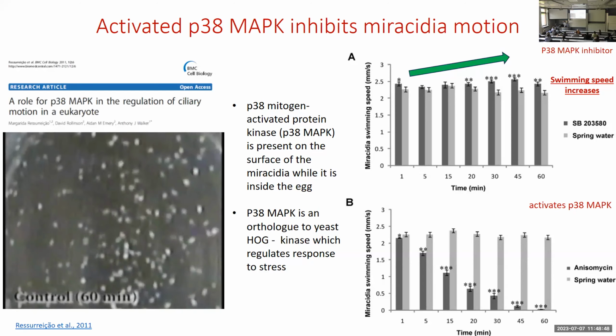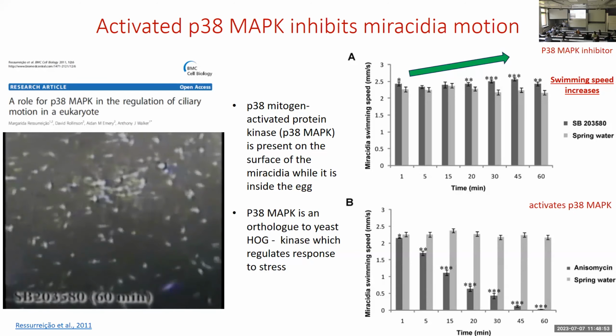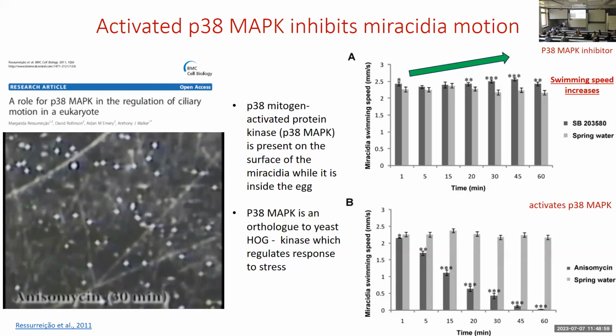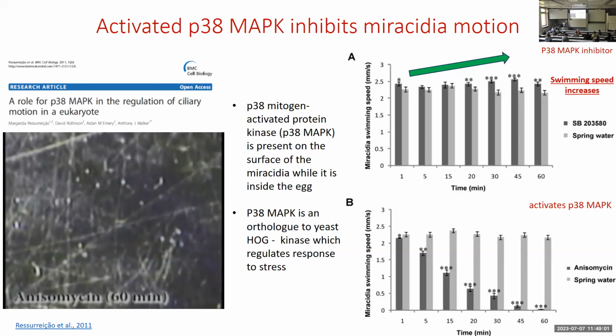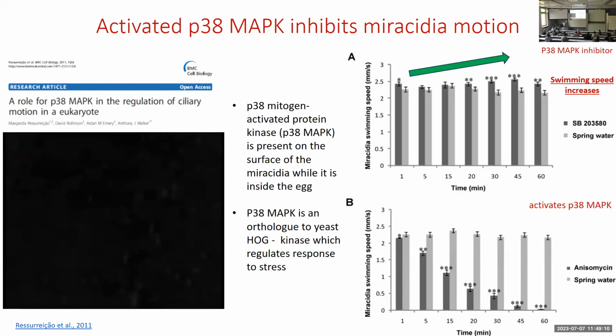That's how they swim. That's where the inhibitor is added. So they swim a bit faster, and that's with anisomycin, which activates. So they basically stop swimming, they stop moving, and it's a reversible process. So it doesn't kill them; it just stops cilia from beating. So there are quite some chemical ways to influence the swimming of Miracidia.